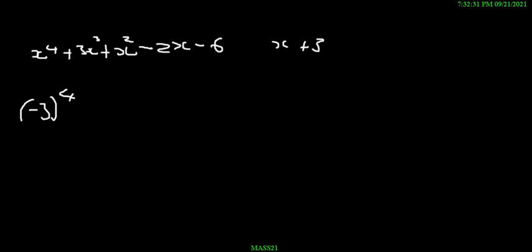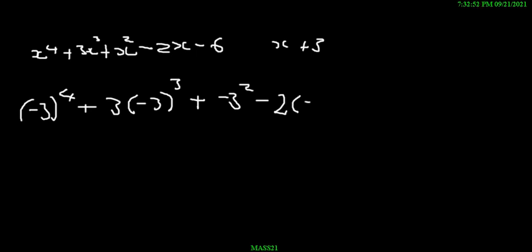So in this case, it's positive, so we use negative 3: negative 3 to the power 4, plus 3 times negative 3 to the power 3, plus negative 3 to the power 2, minus 2 times negative 3, minus 6.